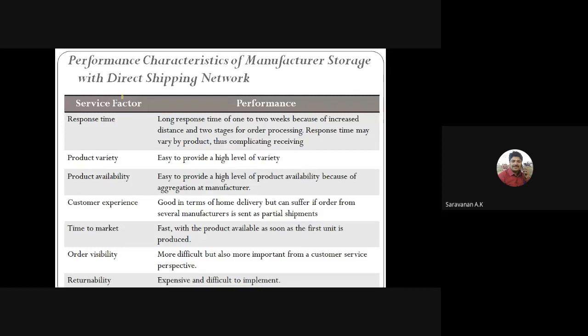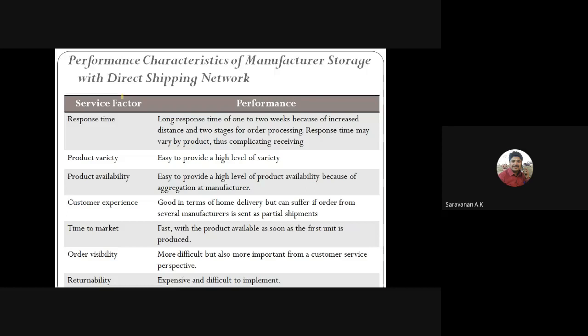The customer places an order with the retailer, then the retailer communicates that order to the manufacturer, then the manufacturer sends the product to the customer. So the distance is very long. Due to that, the response time may be more than 1 or 2 weeks, and it may vary depending upon the product.